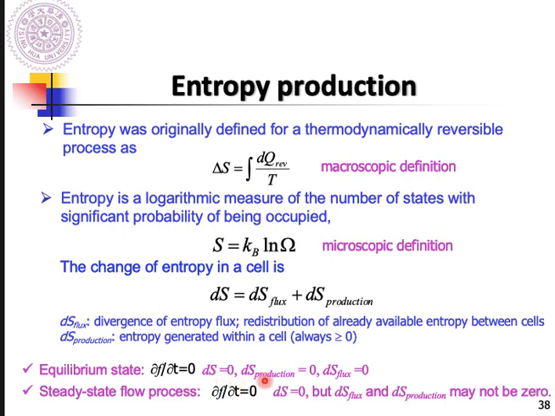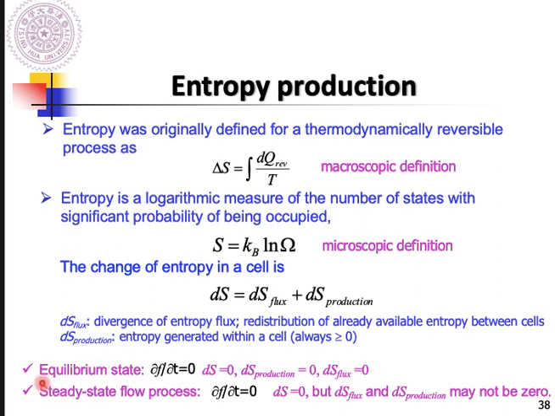In this case, the system in equilibrium does not generate or produce any entropy, so dS produced equals 0, and definitely the surroundings are not going to give or take out any entropy from the system, so the dS flux equals 0.